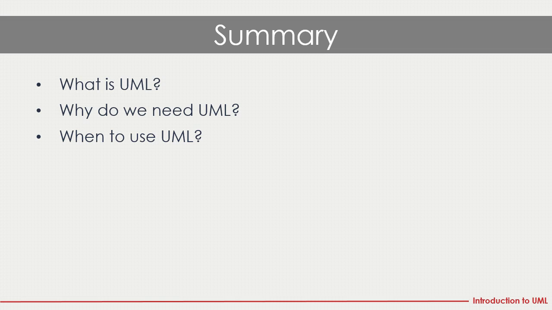And when to use the UML, we covered requirements, designing the system, and deployment structures. And we also talked about the structure of UML, the three categories of UML diagrams.